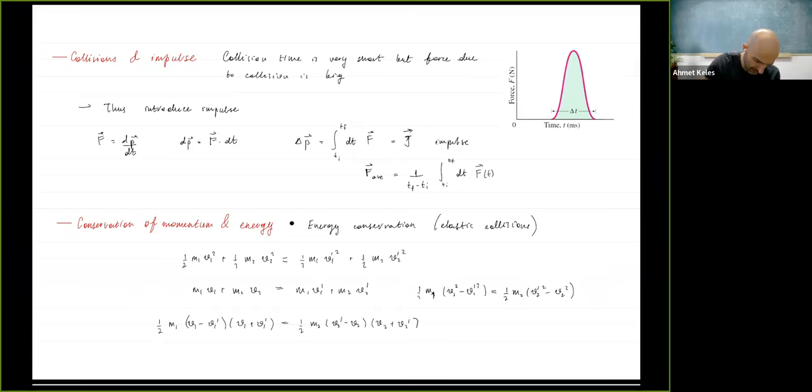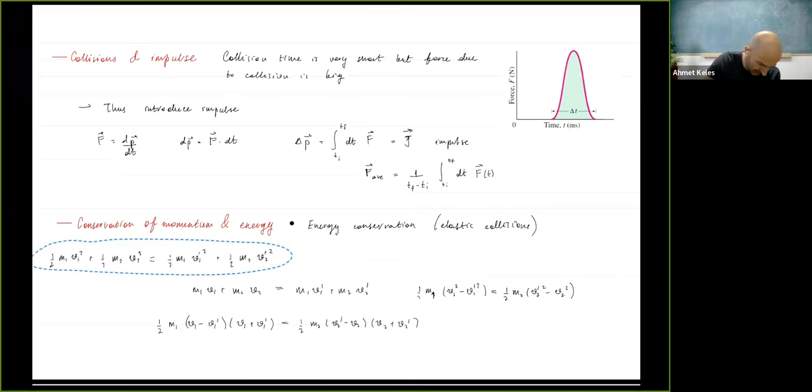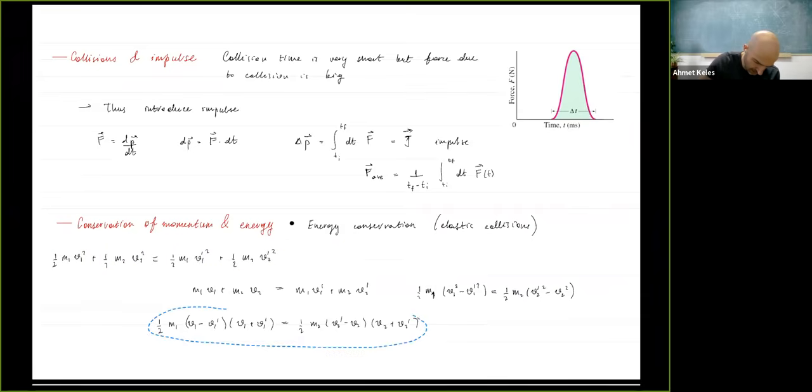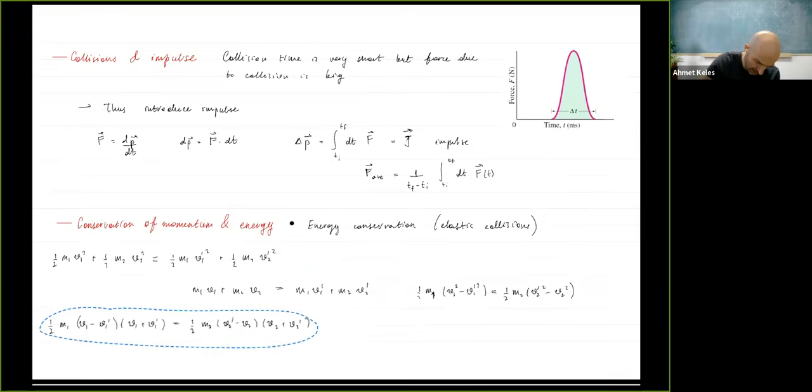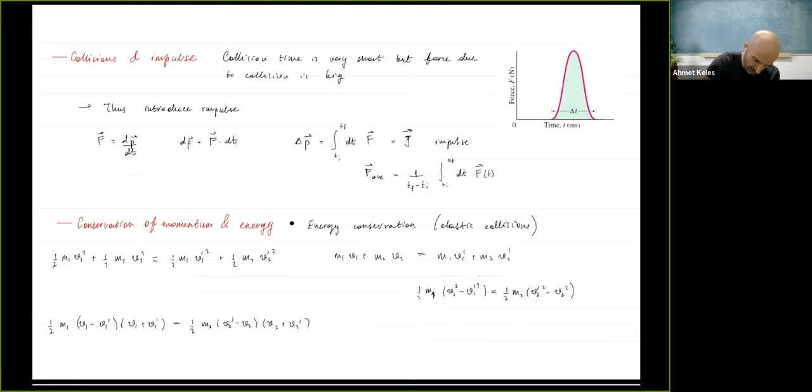But I can do exactly the same thing on the momentum conservation. Maybe I can separate these things so that you can compare. I'll put kinetic energies on one side and momentum conservation on the other.